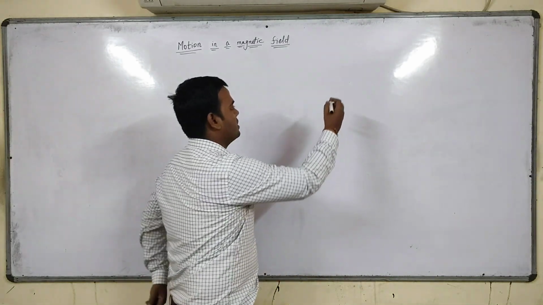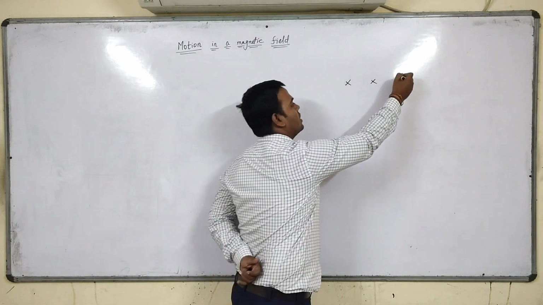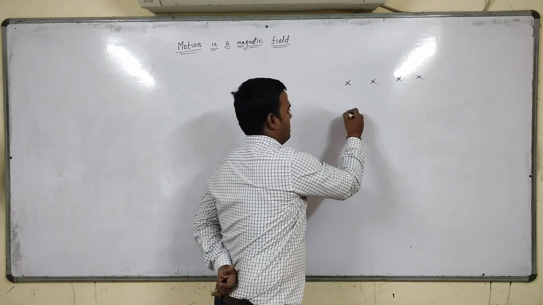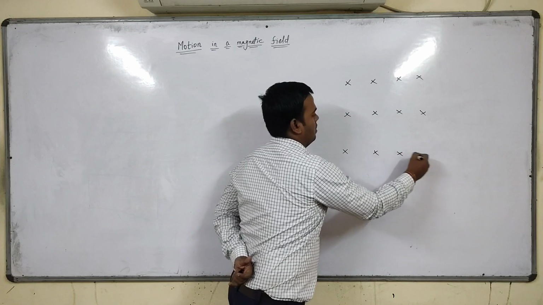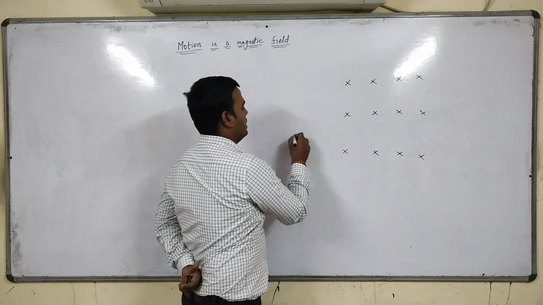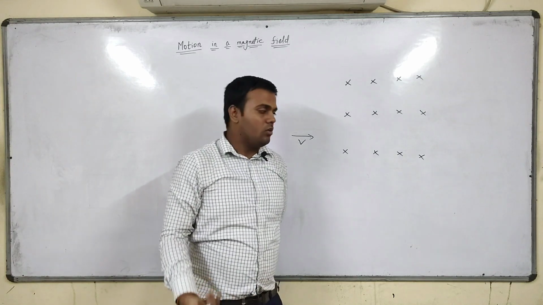So for the first case, suppose that the magnetic field is going inside the whiteboard, like this, and the charged particle is moving perpendicular to the applied magnetic field.